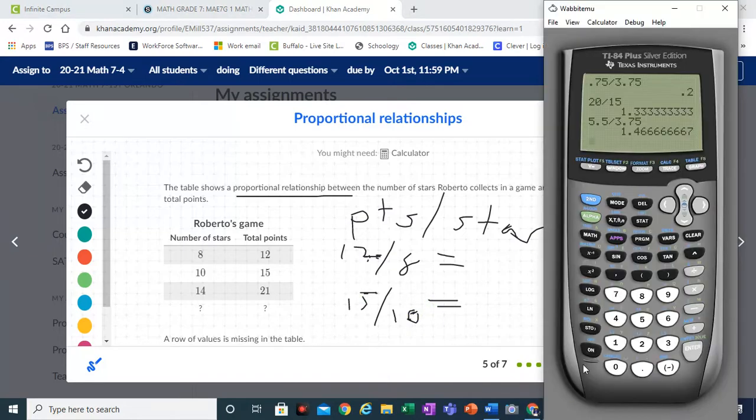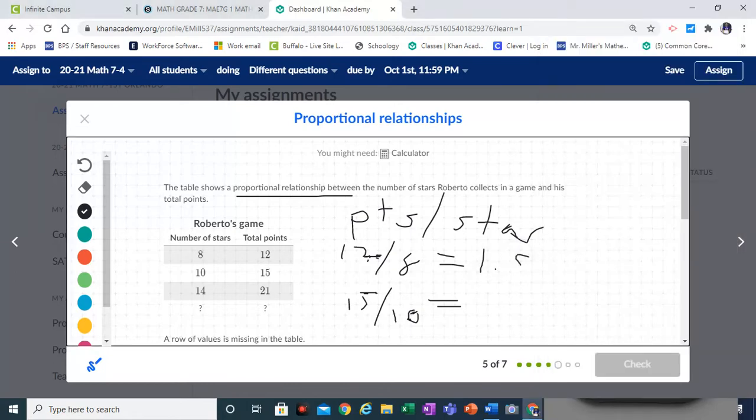So if we do 12 divided by 8, we get 1.5. And if we do 15 divided by 10, we get 1.5. So that would mean that every time we go this way, we're going to be multiplying by 1.5. Okay?